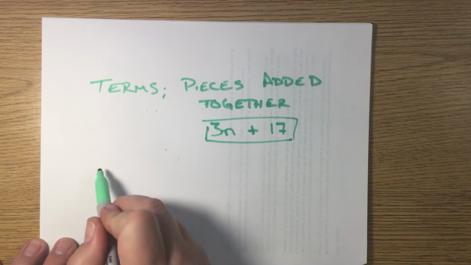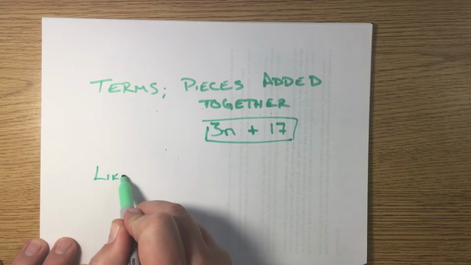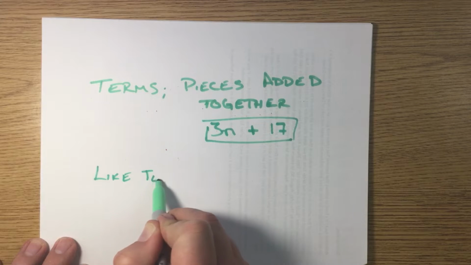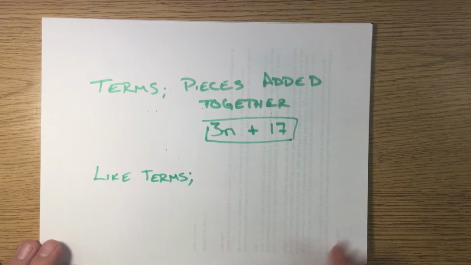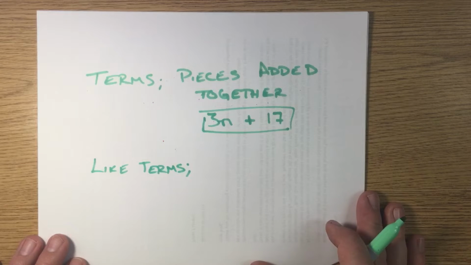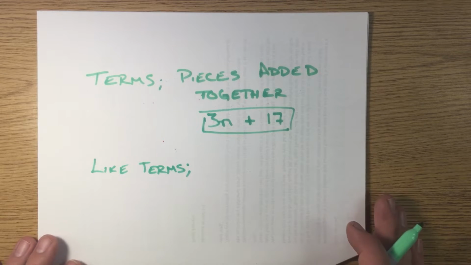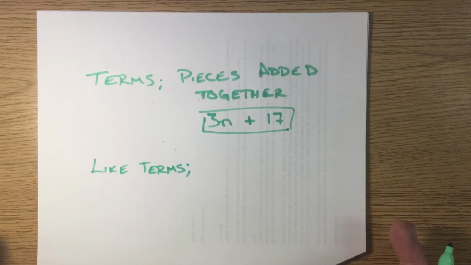But then sometimes we also have what are called like terms. This is a hard one for me to teach about because I always think of people that say the word like a lot, and it sounds like you're saying like all the time, like you know what I'm talking about. But actually it is legitimately a math term.